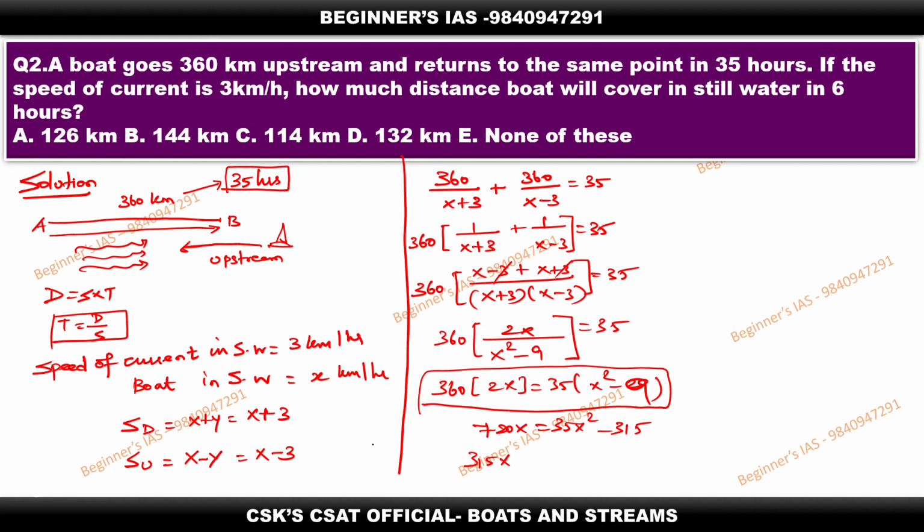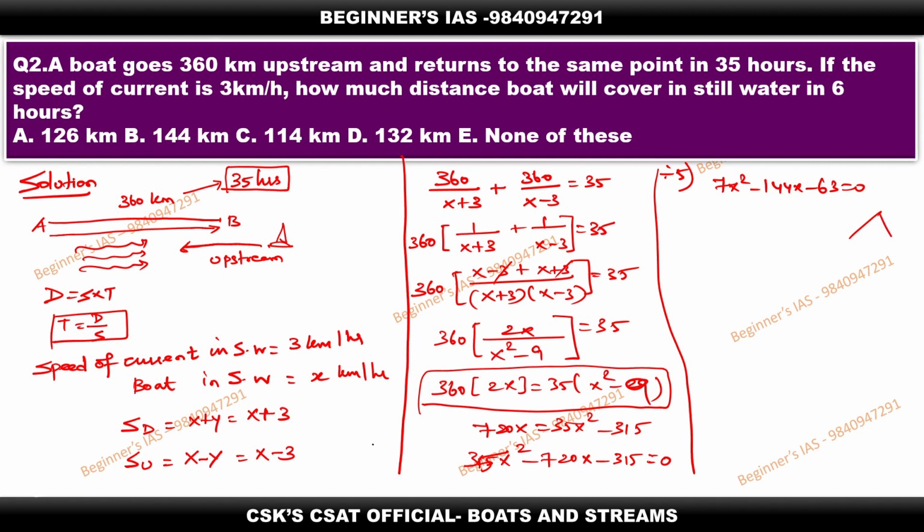So let us take it this way: 35x square minus 720x minus 315, I am keeping here itself, which is equal to 0. You can simplify further with the 5 table. So divide with the 5 table, then you will get 7x square minus 144x minus 63 is equal to 0. Then you need to do the factorization. If you multiply, you need to get the product as minus 441.